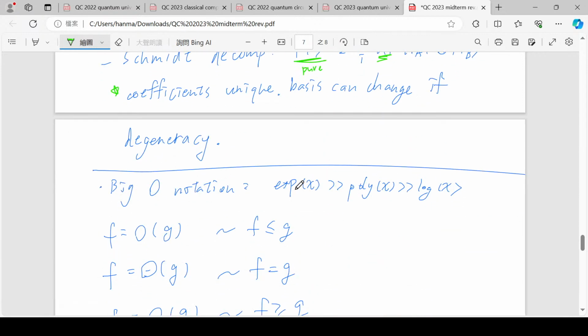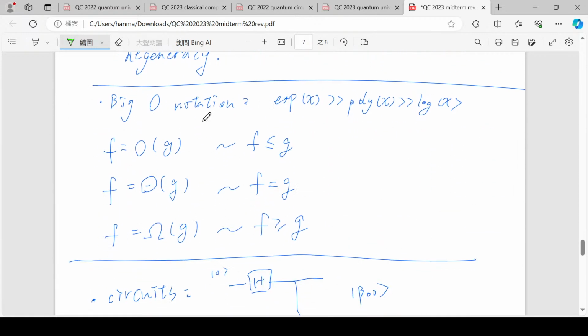Then we have this big O notation in classical computer science that we need to remember. Oh, I forgot one of them, so I should write bigger than constant. We have this class of functions where we think about how they grow.